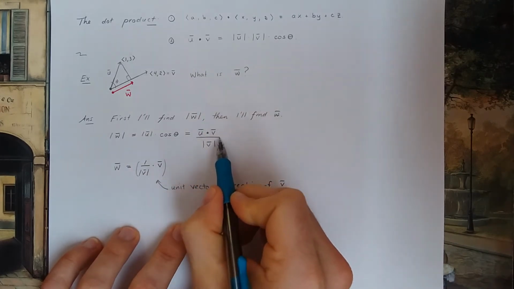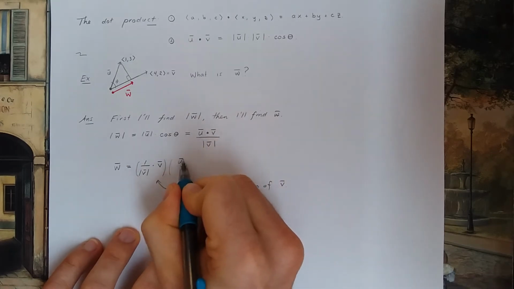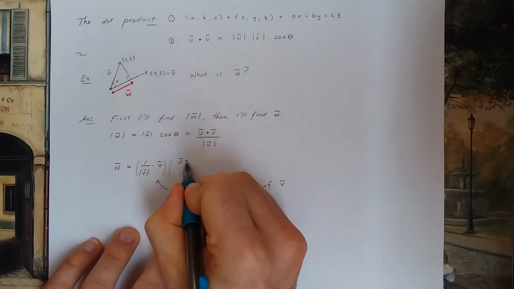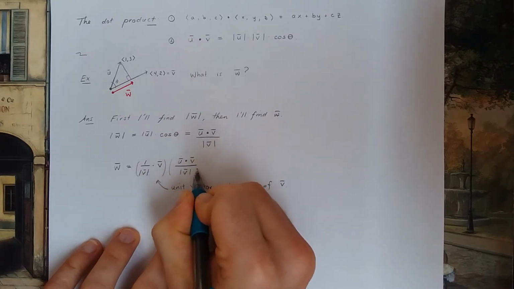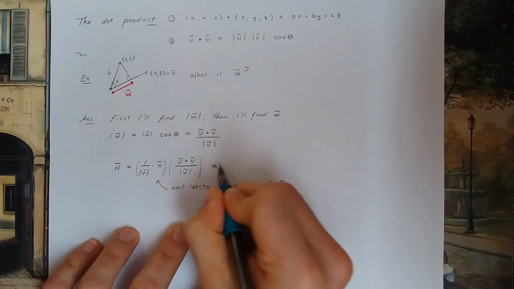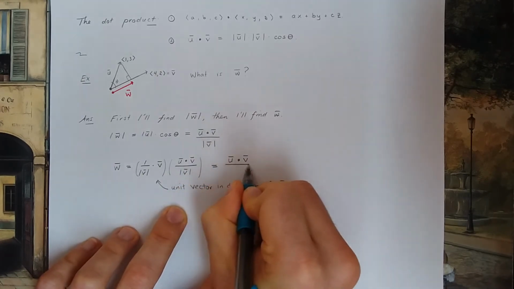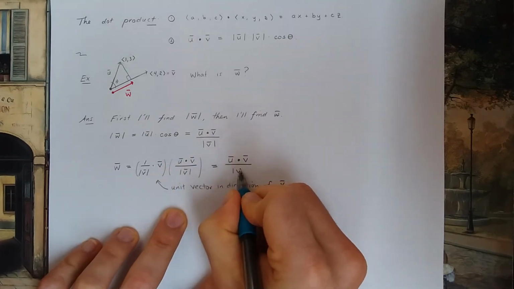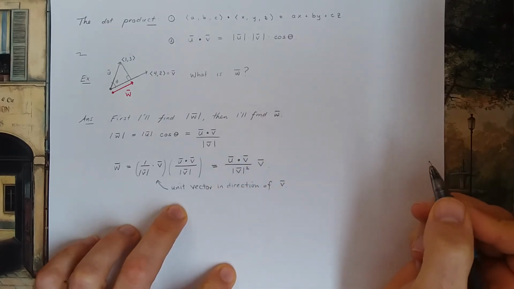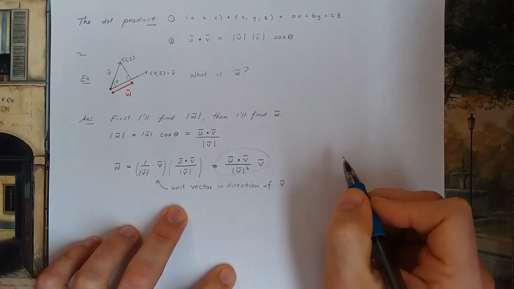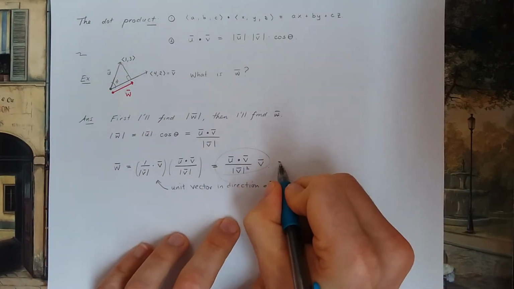The length I want is here. So this is a constant. I'm going to multiply my vector by that constant to make sure my vector has the appropriate length. So I'm going to write this as U dot V, divided by the length of V squared, times V.